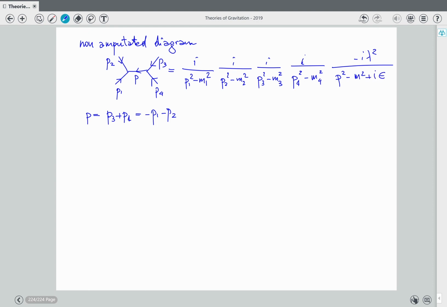So you see, when you have a non-amputated diagram, you have a multiple pole. All the propagators outside are poles, and on shell you have a residue. The amplitude is a residue of a multiple pole. All amplitudes are residues of multiple poles.